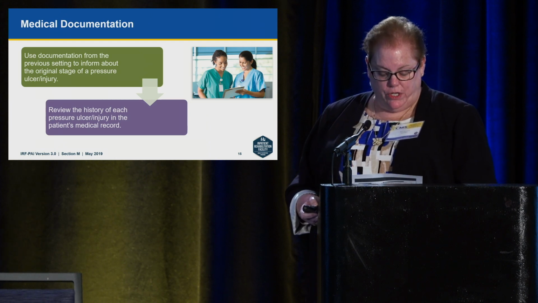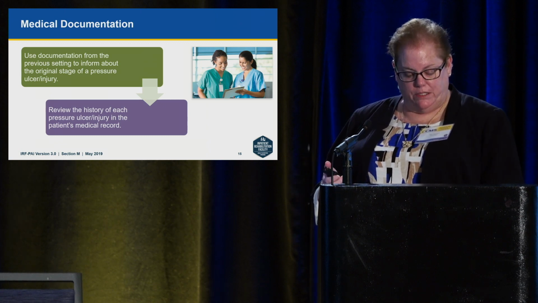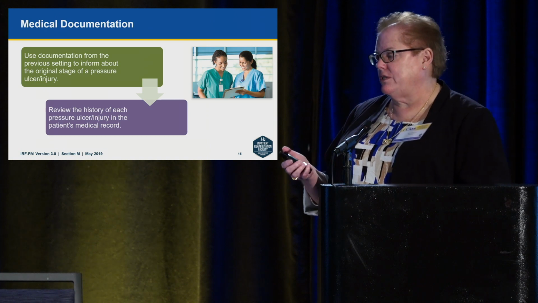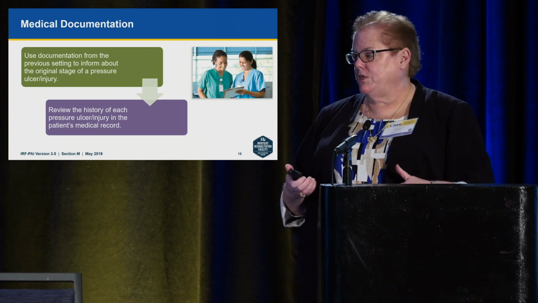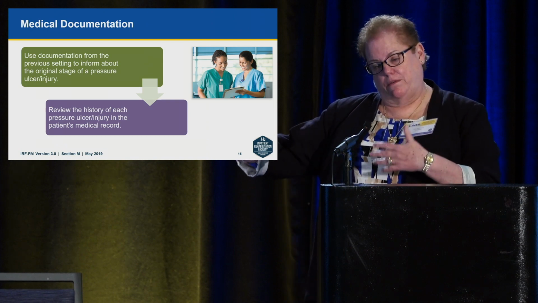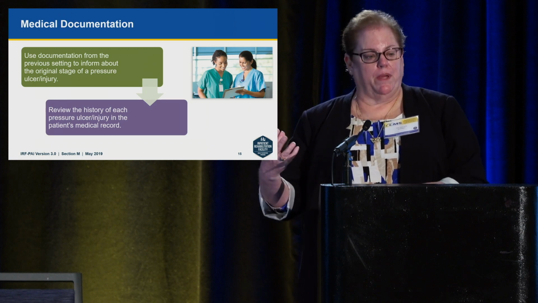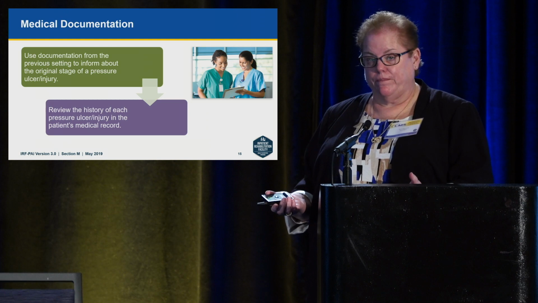So you want to make sure that you understand that, because if you have an injury coming in, and this is not uncommon, where it was coded at its greatest stage as a stage 4 pressure ulcer, and by the time they come to you, they might have spent an extended period of time in another setting. And what you visualize when they come in might be something akin to maybe a stage 3.